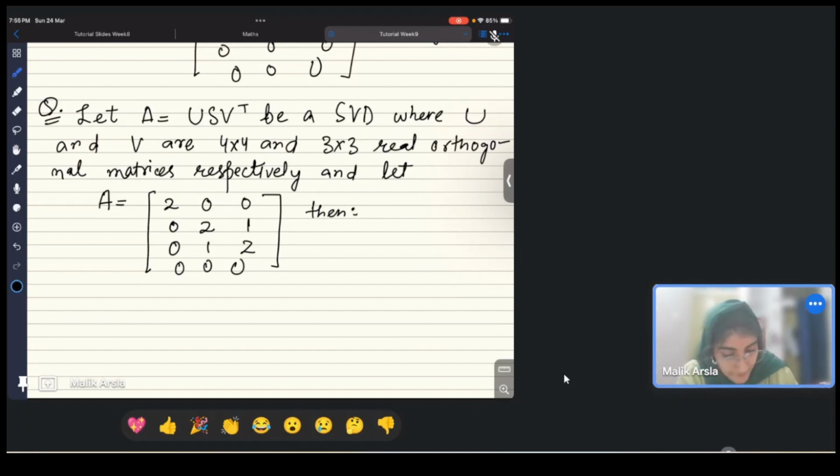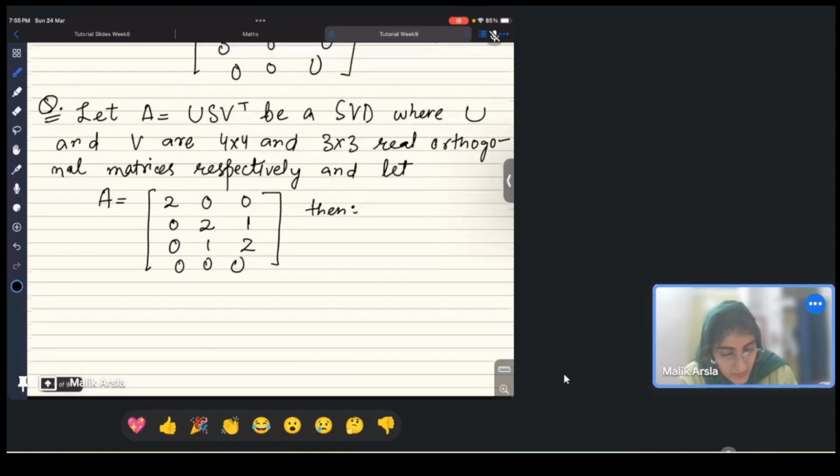Then we have to calculate the values of V and U. This is a bit lengthy, but since it is given in an assignment, you can expect that something of this order can come in exams also.